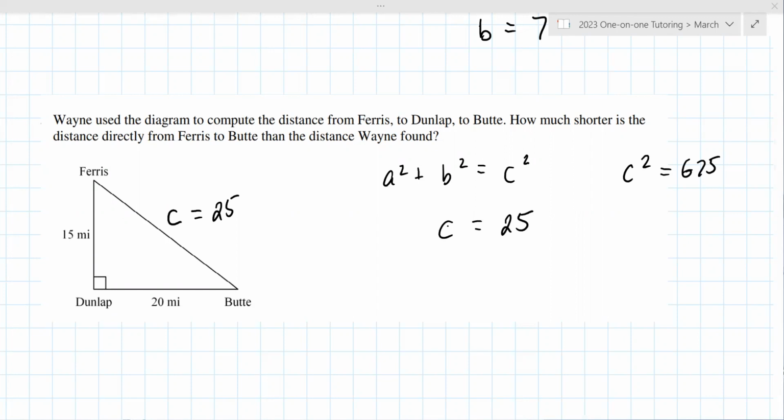All right, let's look at this problem right here. Let me snip this in. All right, so here we go.